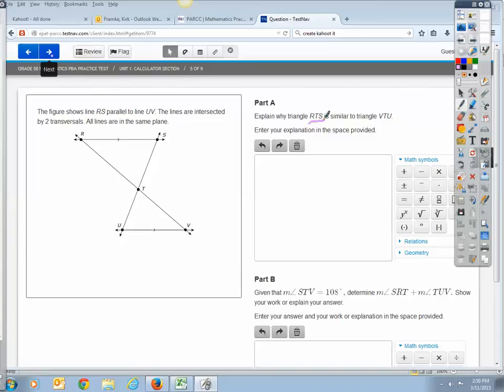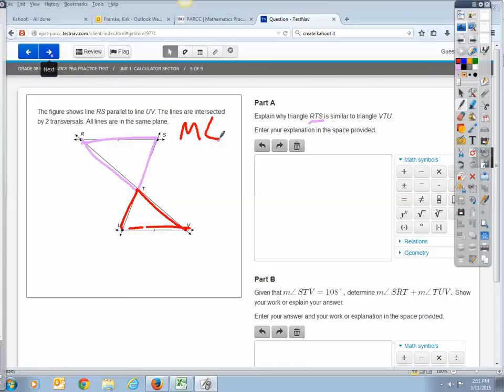So it tells us to explain why triangle RTS is similar to triangle VTU. Okay. First things first. We need to talk about how to talk about angle measurements. If you put an M in front of the angle symbol, that means the measurement of.